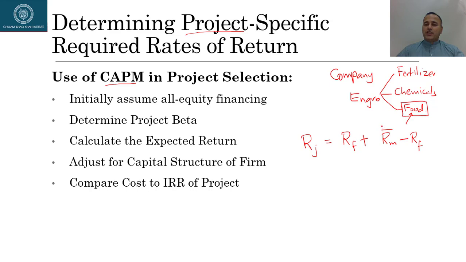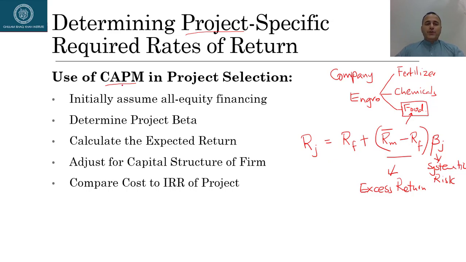Once I subtract the R_F, this part is the excess return. And the way this particular stock responds to the market, that responsiveness is captured by beta. It's the systematic risk. So whenever the market moves, the return on that particular stock also changes.